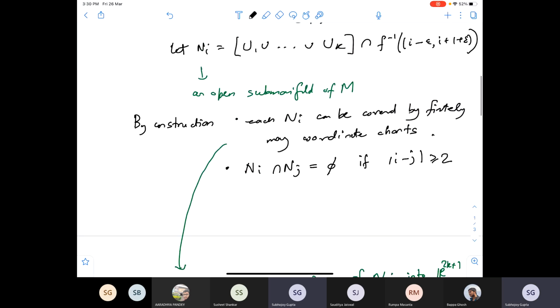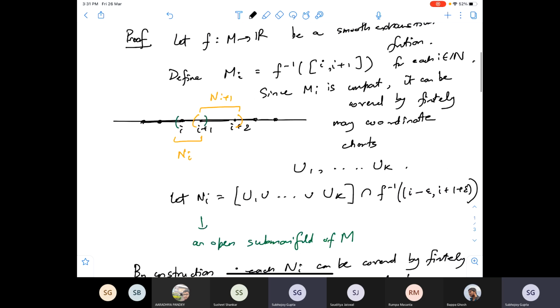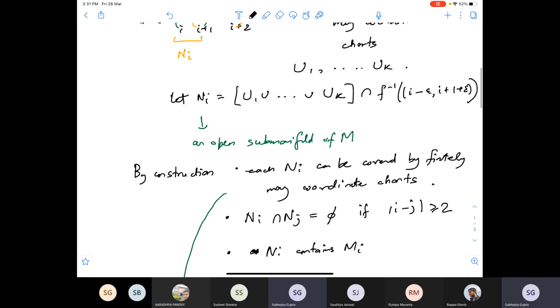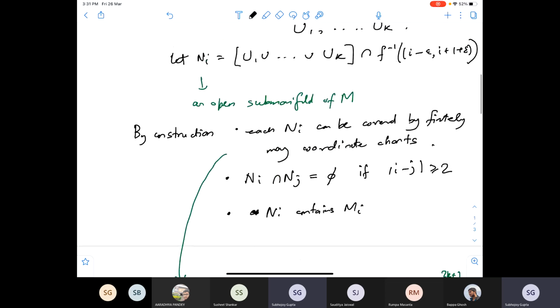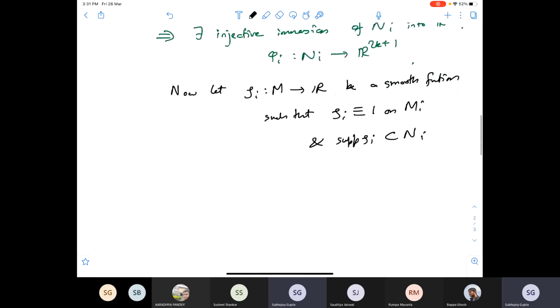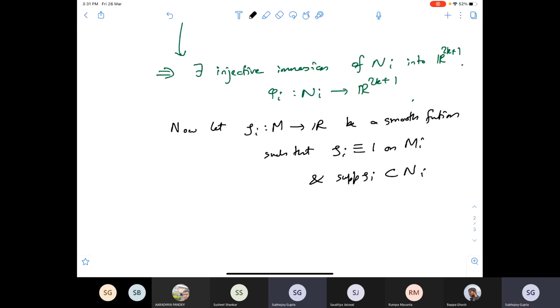Remember that by construction, you have this third thing, which is that ni contains mi. The mi were these compact sets, the pre-images of these closed compact intervals, I plus 1. By construction, these ni's contain this mi.